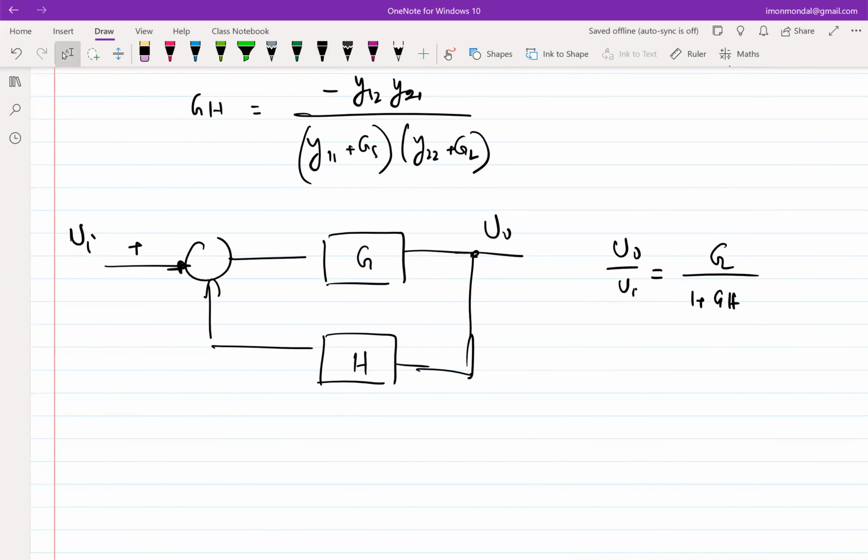So now tell me what's going to happen if the input is some sinusoidal input, right? And G and H can be frequency dependent or frequency independent, regardless of that. But let's assume, what's going to happen if GH is equal to -1? This is equivalent to saying I'm nulling the denominator, right?